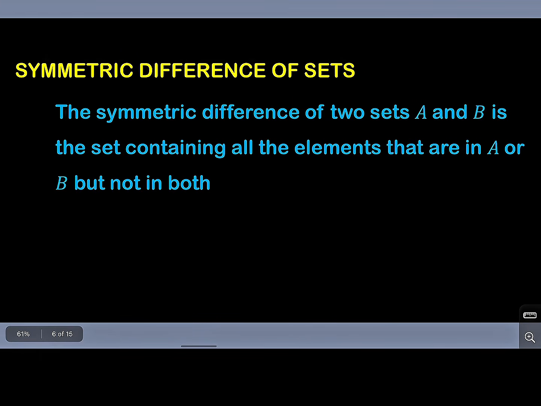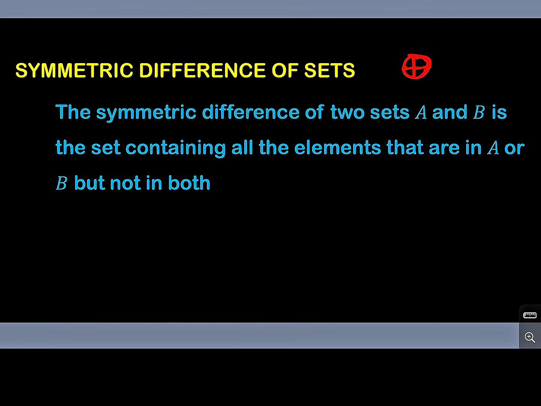Now let's move on to symmetric difference of sets. In symmetric difference of set, you're going to write only the unique elements. So this is the same concept with difference.